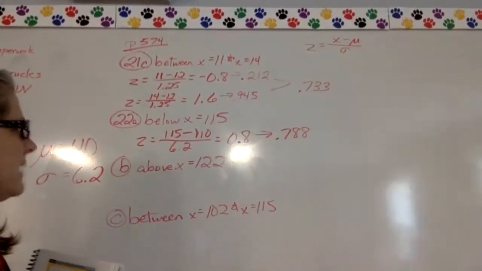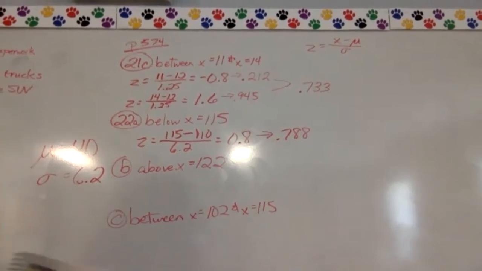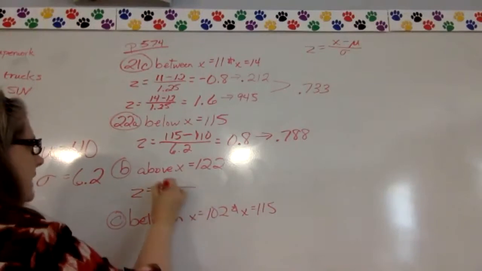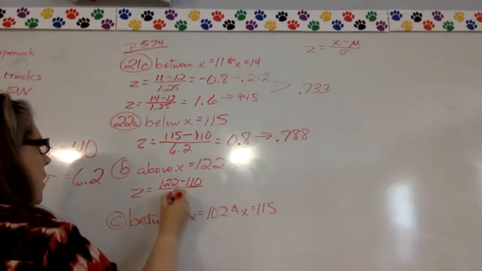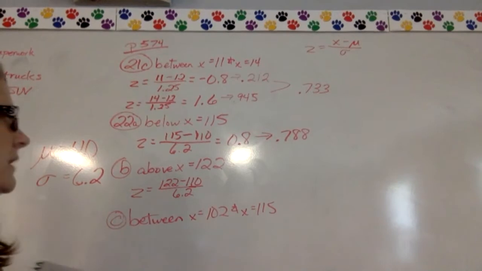Now, for part B, it says above, but we still start the same way. So you're still going to start with your z equals your x value minus your mean over your standard deviation. So you're going to have 122 minus 110.